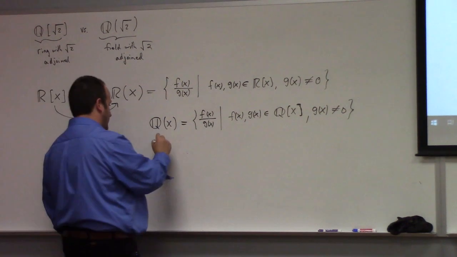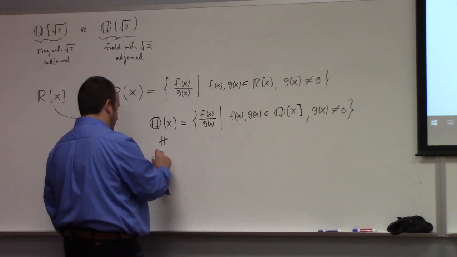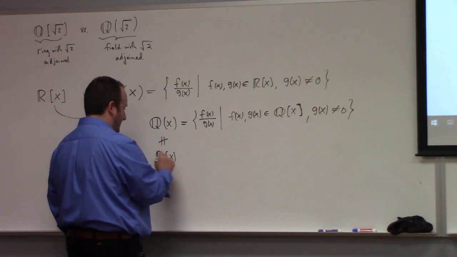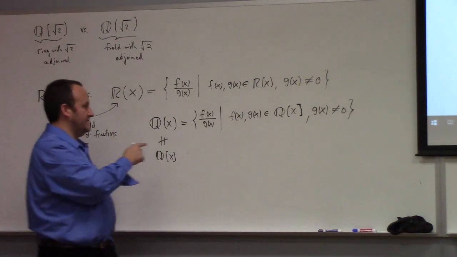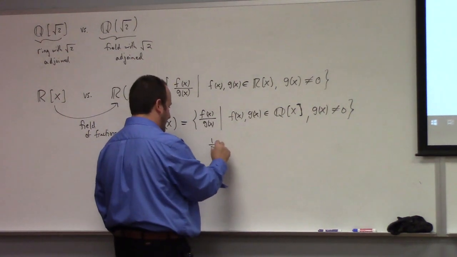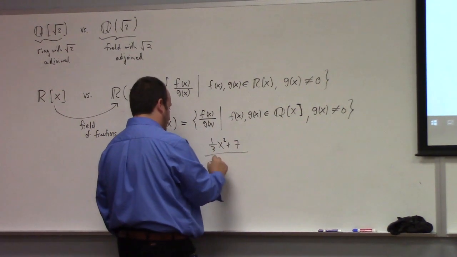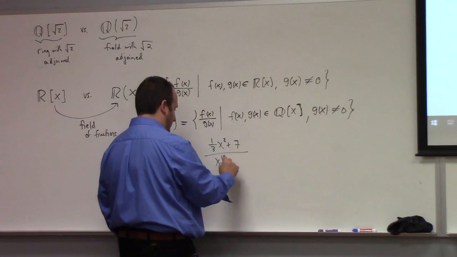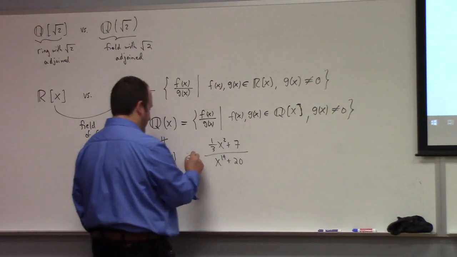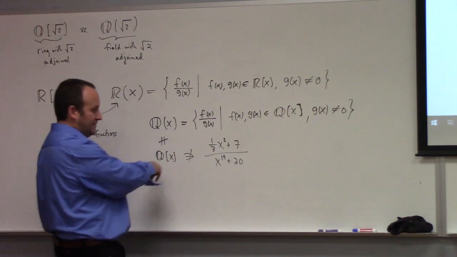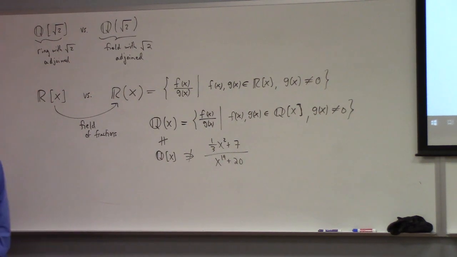So this could have something like one third x squared plus 7 divided by x to the 19th plus 20, and that would not be an element of this. The numerator and the denominator of the thing on the right are both in Q square bracket x.